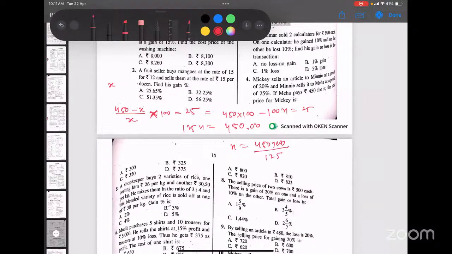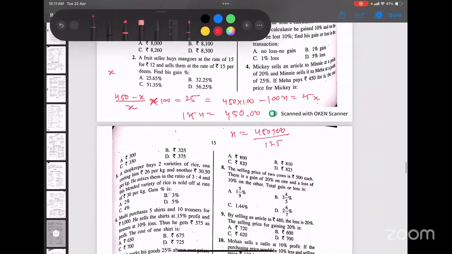Am I right? 360. 360 is not in the options, but 350 is there. 375 is also there.